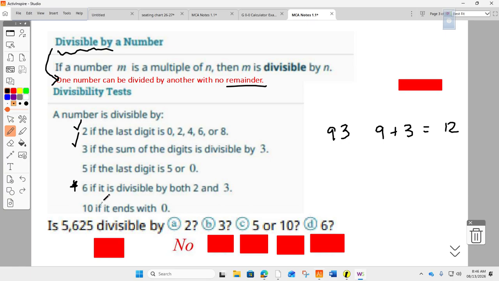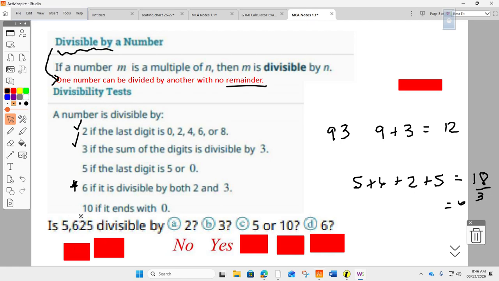Add up the digits and see if that sum is divisible by 3. So 5 plus 6 plus 2 plus 5, 11, 13, 18. Is 18 divisible by 3? Sure is. It equals 6. Right? So yes, 5625 is divisible by 3.